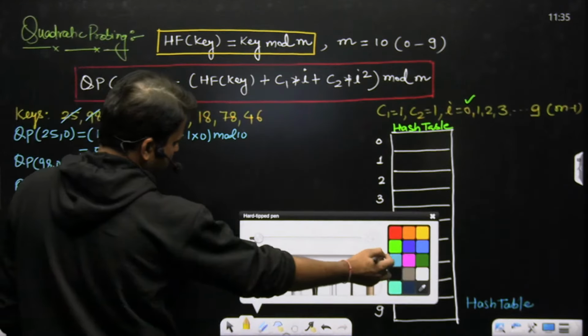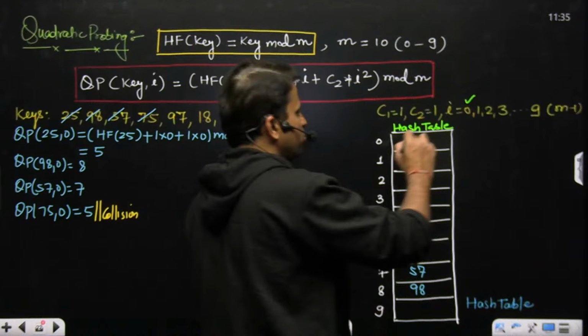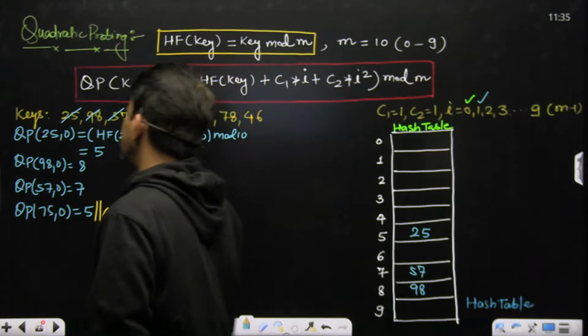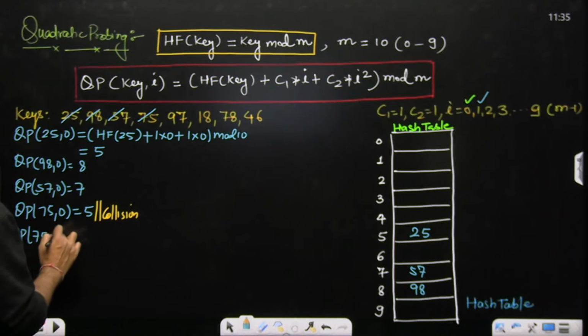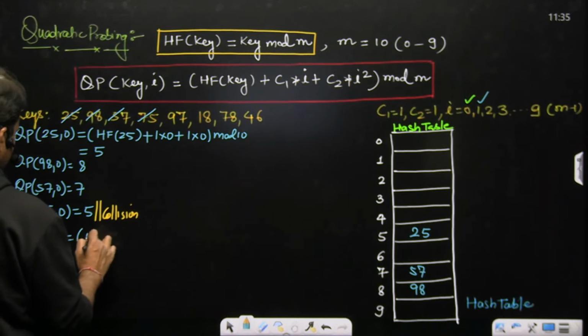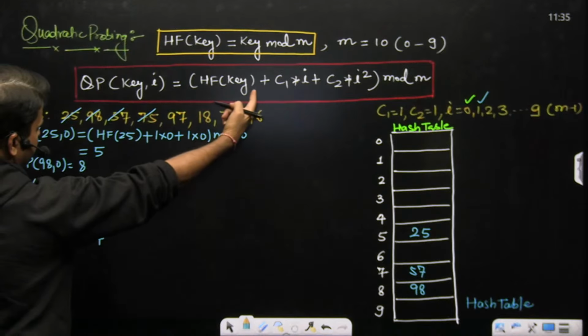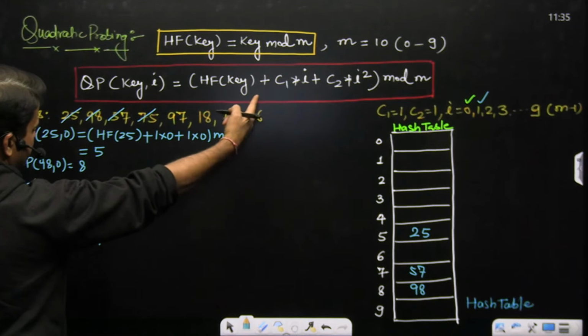Now if collision occur, then choose I value equals to sir 1. If choose I value 1, then sir this data is 5 and C1 is 1, C2 is 1, I is 1, so 1 plus 1.